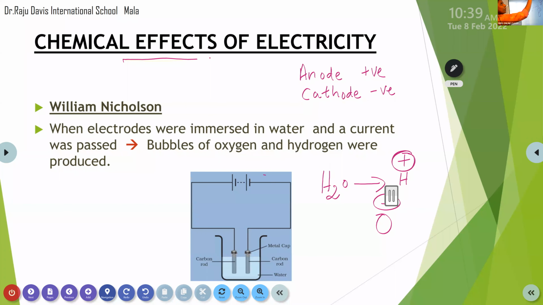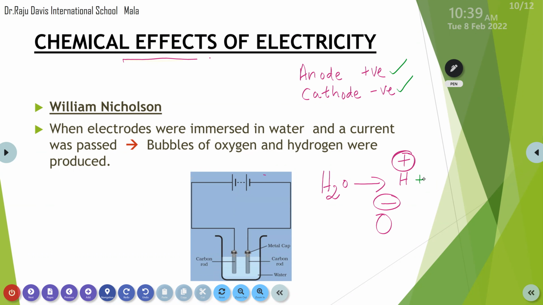So here, what is the charge of the anode? Positive. And the charge of the cathode? Negative. So the anode is positively charged and the cathode is negatively charged. Next point: when water breaks, it breaks into hydrogen and oxygen. Hydrogen is positively charged and oxygen is negatively charged.